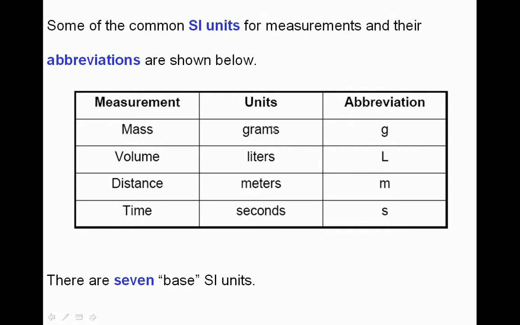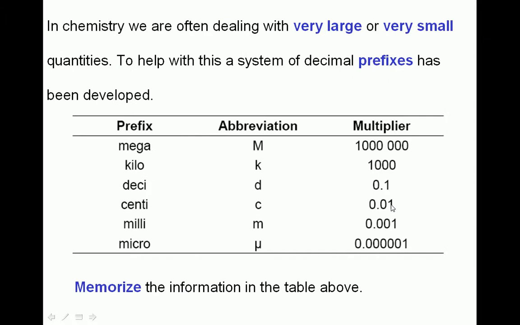Volume, the base unit is litres, although in the lab we'll often use something a little bit smaller, and the abbreviation for the litre is an uppercase L. Distance, the base unit is the metre, and that has the abbreviation lowercase m. And for time, we use the unit seconds, which has the abbreviation lowercase s.